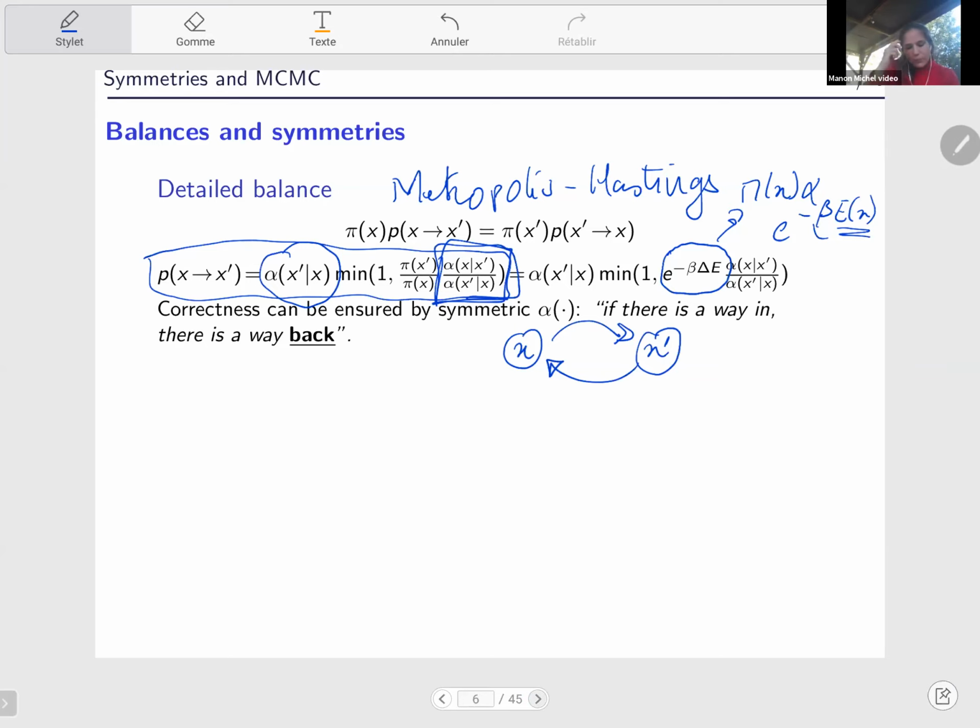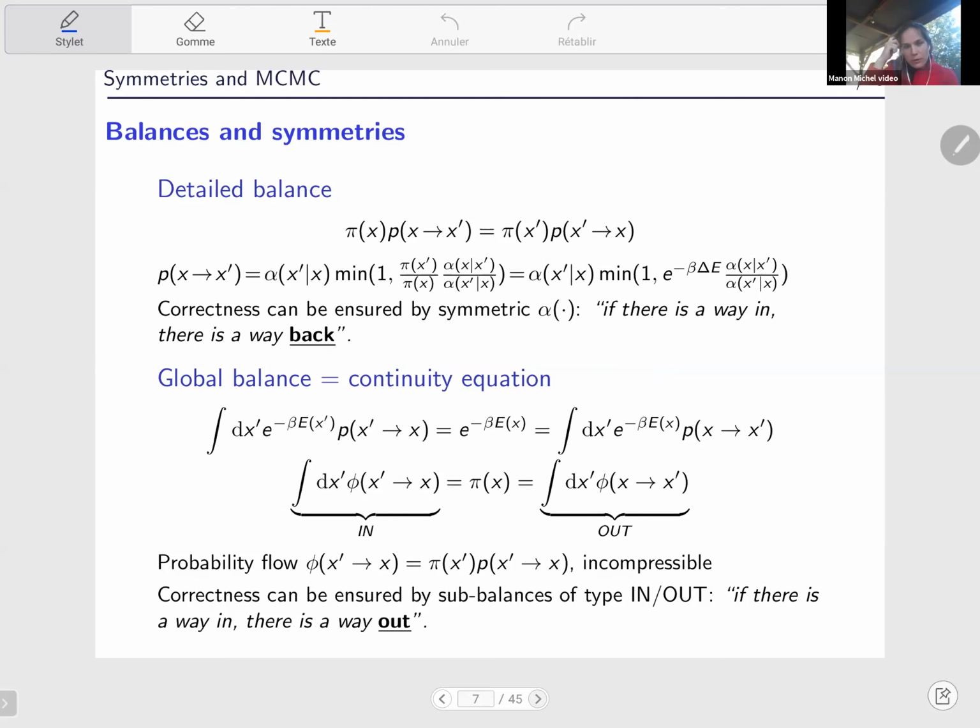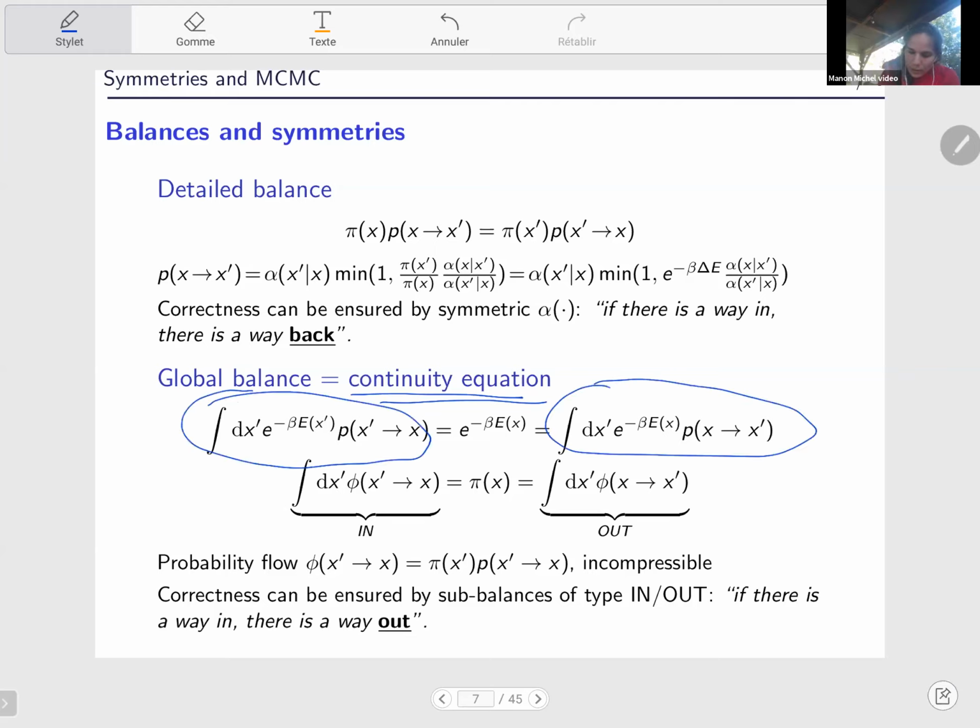And so the question is, how can we see this symmetric thing in global balance? So first, something interesting is that global balance can be understood as a continuity equation in physics, meaning that you have this integral balance, which is linked to the differential equation of the master equation.